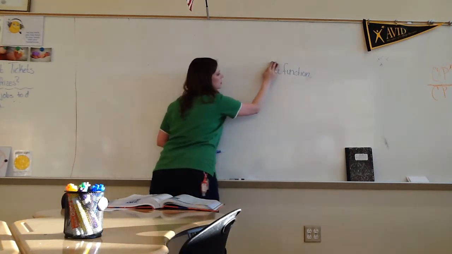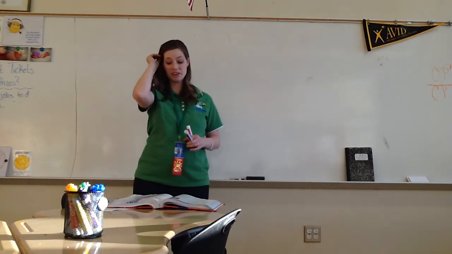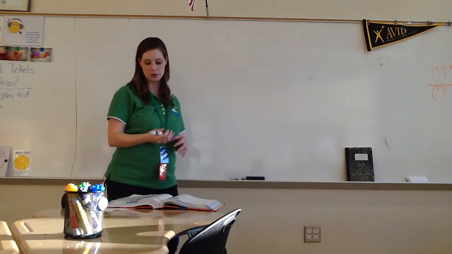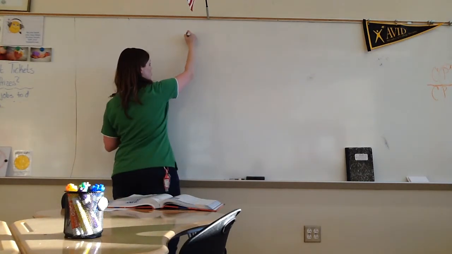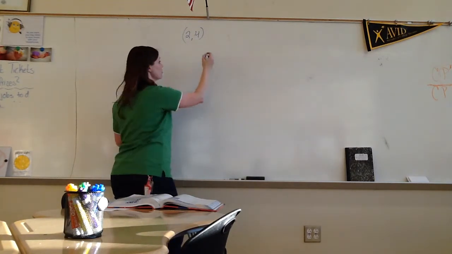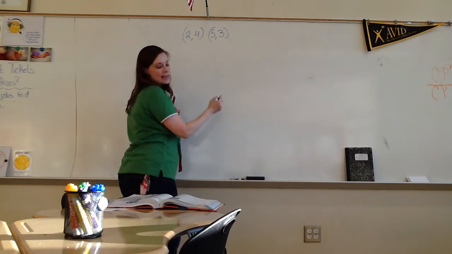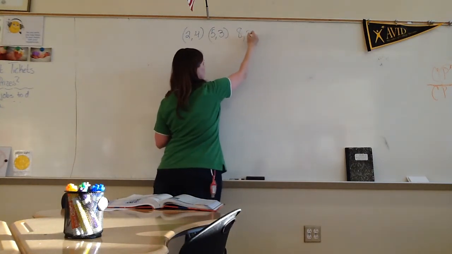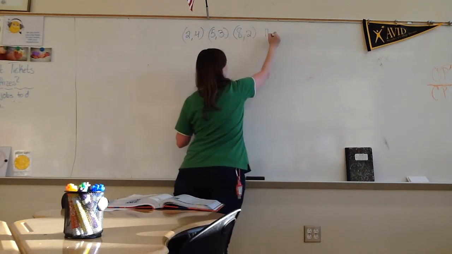All right. Next example is identifying a linear function using ordered pairs. So maybe it gives you a list that says (2, 4), (5, 3), (8, 2), and (11, 1).